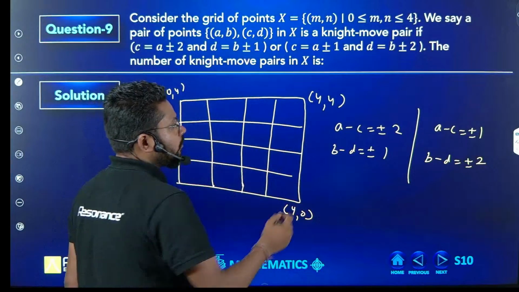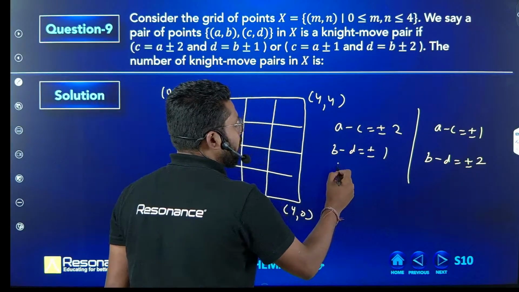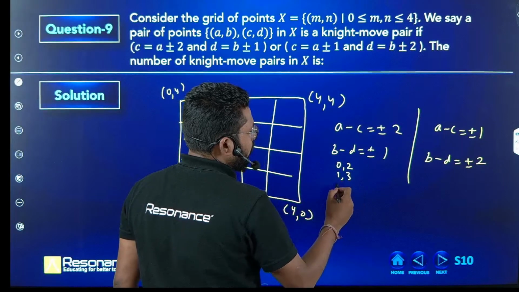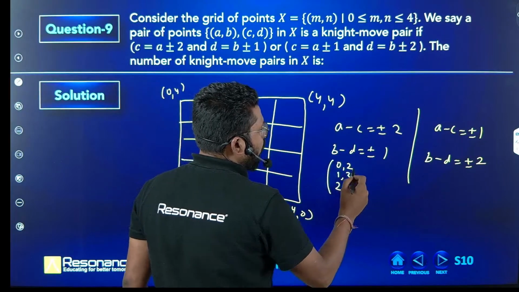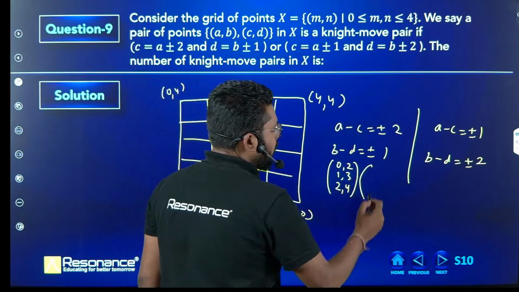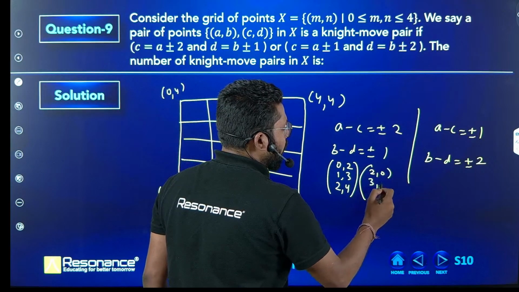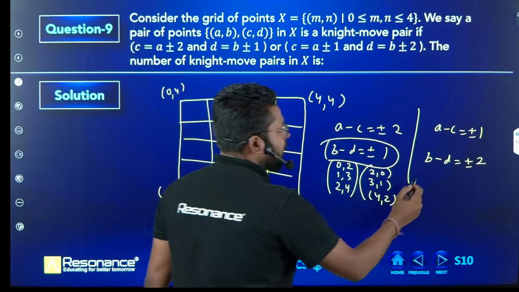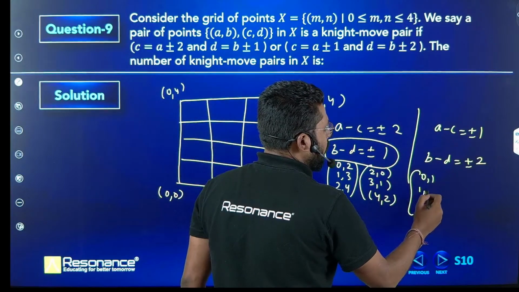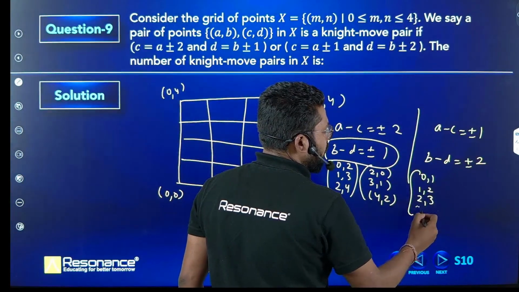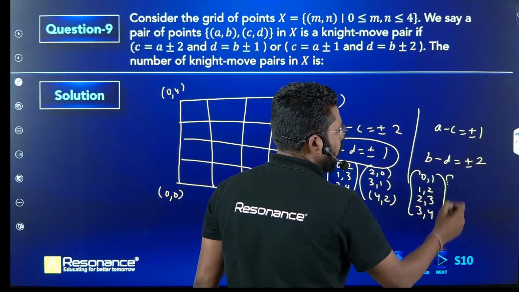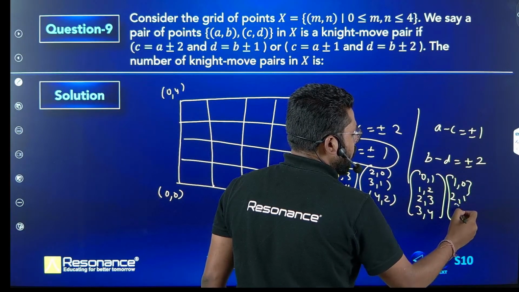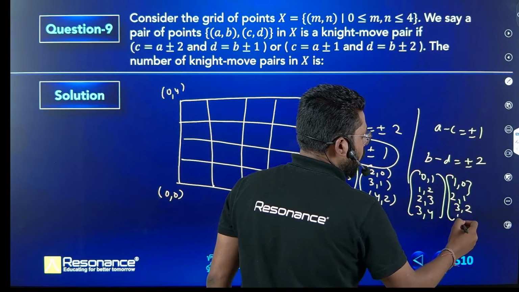This means for A minus C plus minus 2 it can be (0, 2), (1, 3), (2, 4), or we can reverse the order also like (2, 0), (3, 1) and (4, 2). Same if we consider B minus D, it can be (0, 1), (1, 2), (2, 3) and (3, 4), and we can reverse the order also like (1, 0), (2, 1), (3, 2) and (4, 3).